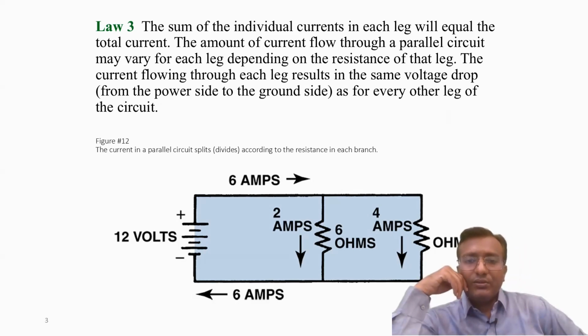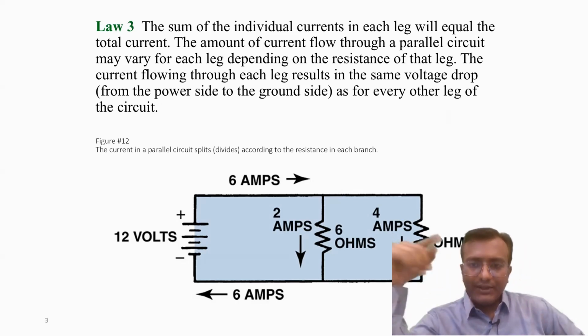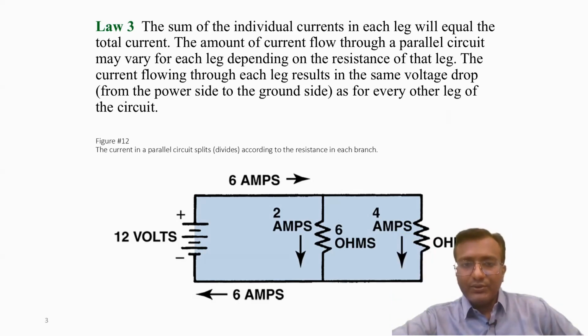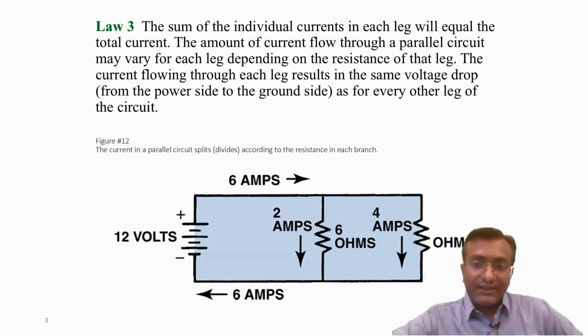Now, in this case, 6 amperes is flowing from the battery. Of this 6 amperes, 2 amperes will flow through the 6 ohm resistance and 4 amperes will flow through the 3 ohm resistance. So we have seen from this example that the current chooses the path of least resistance.